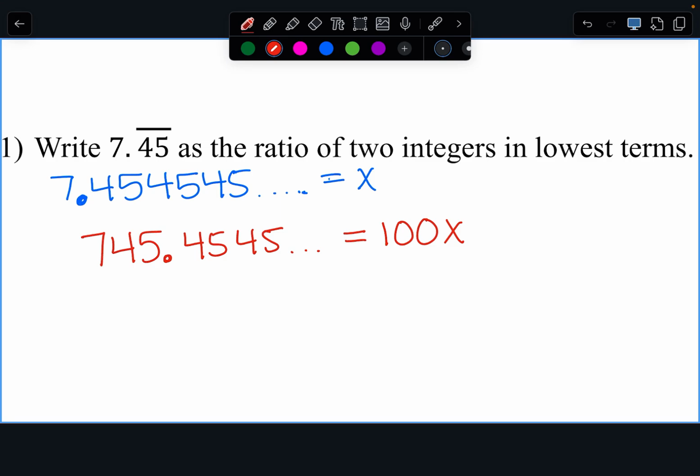But what if I take this new piece and subtract the original? So this is new, this is the original.